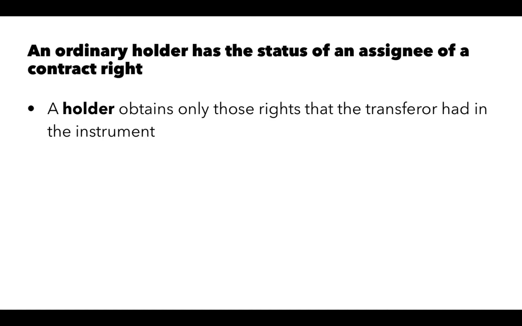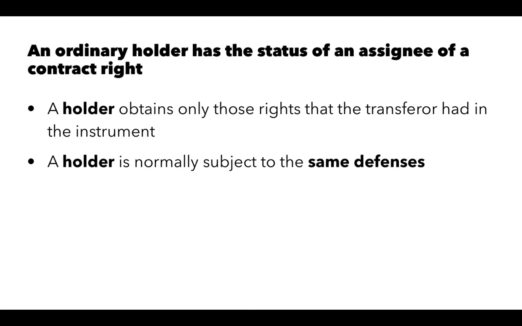The UCC defines a holder as a person in possession of an instrument if the instrument is payable to bearer, or in the cases of an instrument payable to an identified person, if the identified person is in possession. An ordinary holder is only going to obtain those rights that the transferor had in the instrument, and therefore their status is the same as a common law assignee.